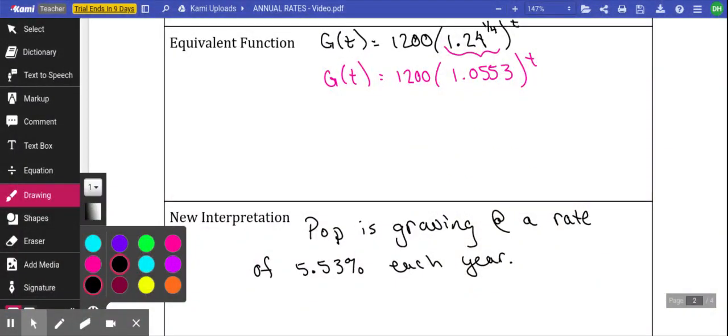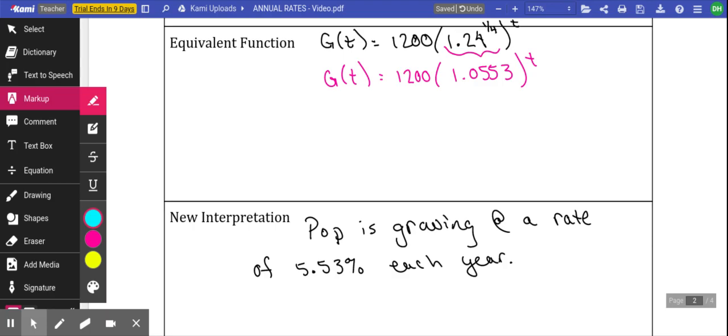Now, how did I know it was each year? Well, when you look at your exponent here, it's essentially just t divided by 1. So the frequency is 1, so it's going to be each year. And these are equivalent statements: 24% every 4 years or 5.53% each individual year.